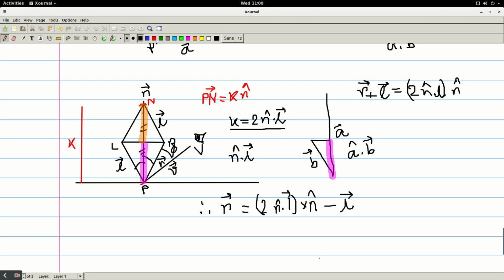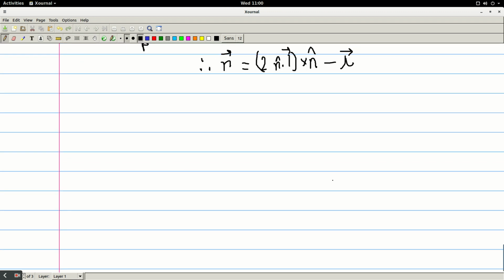Is this thing clear? Do we know how to add two vectors? Do we know how to subtract two vectors? Sure. This thing over here, right? Okay.